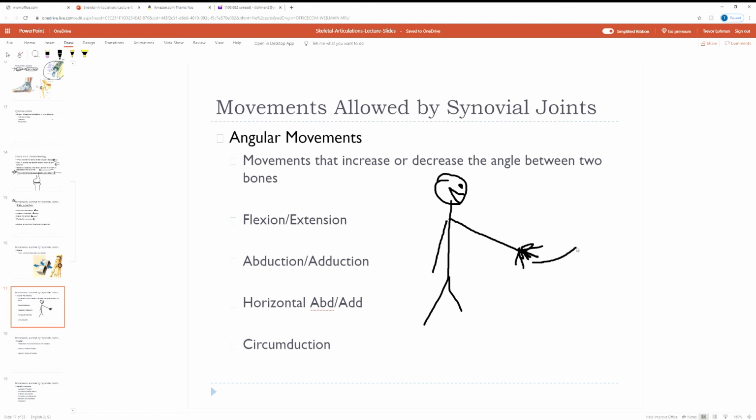And let's say you're now outlining a cone in space. Right? So you're kind of spinning your arm around. Like picture you're turning a steering wheel multiple times. You're drawing a cone in space, so that's called circumduction. There's only two joints that can do that, and it's your shoulders and your hips because they're ball and socket joints.